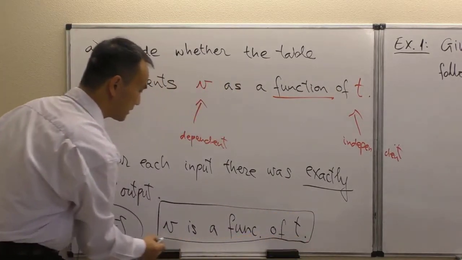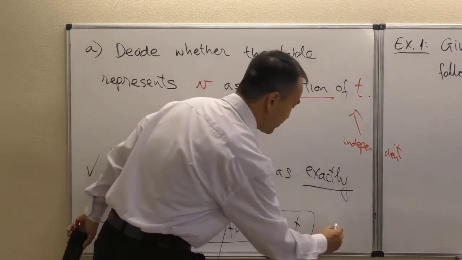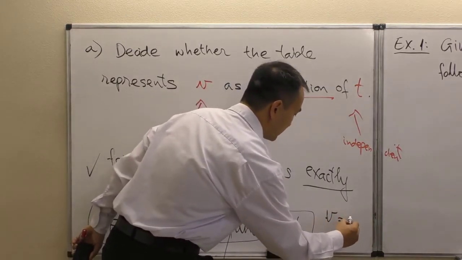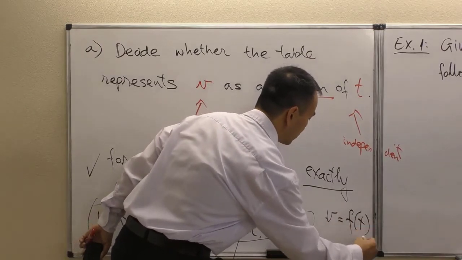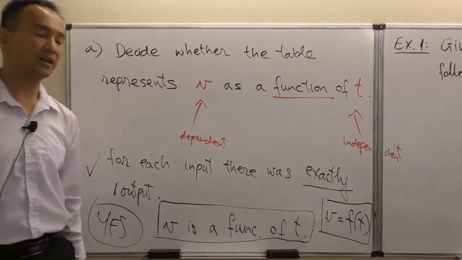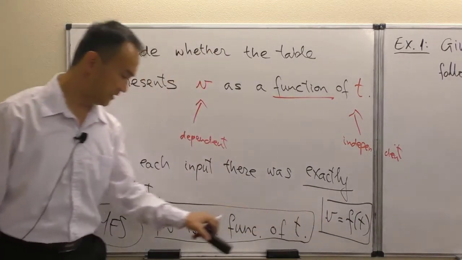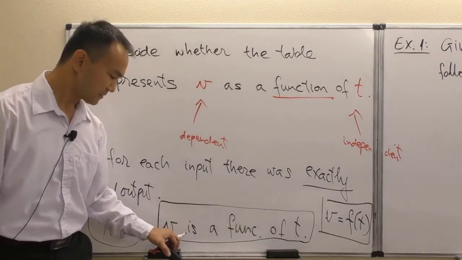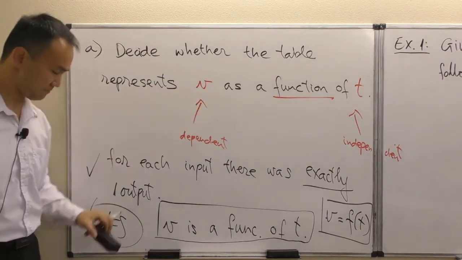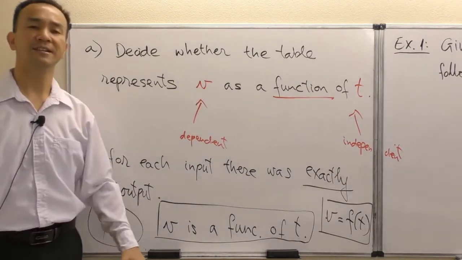And in notation, you can give the function a name: v equals f of t. V is a function of t. That's in equation notation, and this is in words right here. That's how we decide whether it is a function of t. That's yes, we've had that.